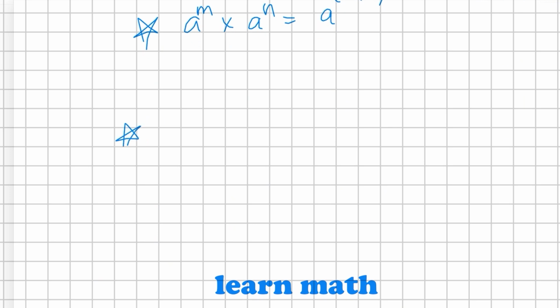So let's say square root of 49 a square b to the power 5.